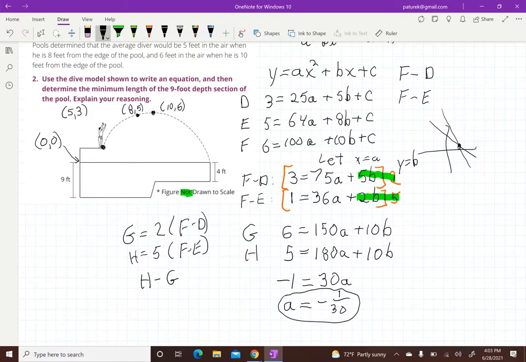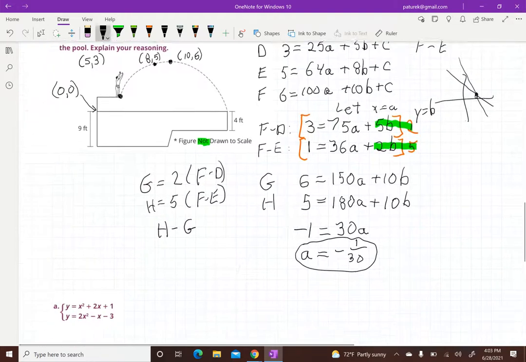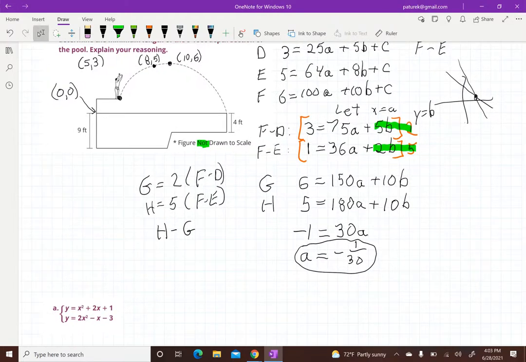I can now substitute back into equation G or H to solve for b. I'll go ahead and choose equation H. Okay, so 5 is equal to negative 180 divided by 30 plus 10 times b. That's equation H with a set in with its value of negative 1 over 30.